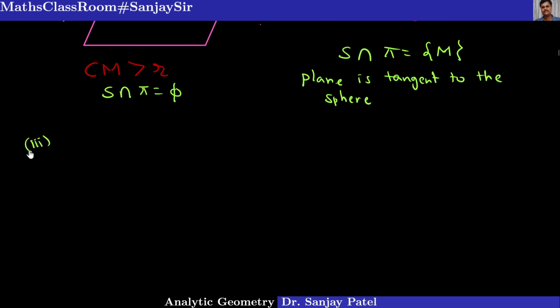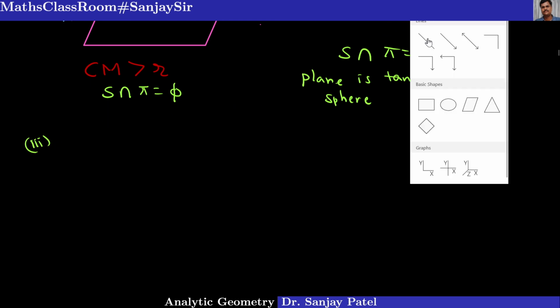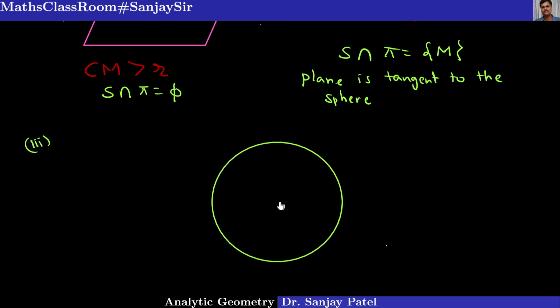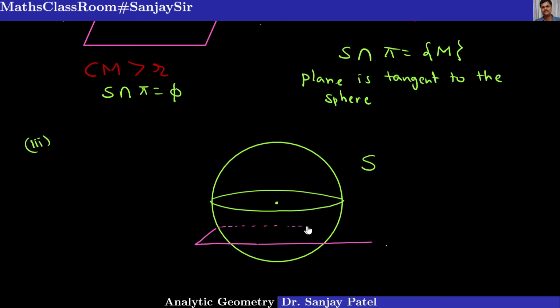So the third case is that we have a sphere like this with the center C. This is a sphere S, and we take a plane like this, and this plane is cutting the sphere in many points.